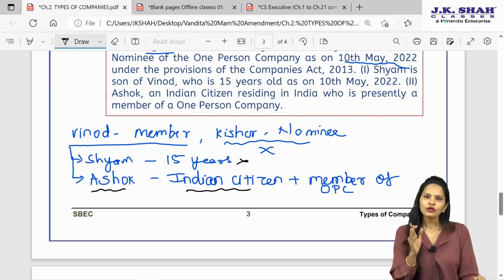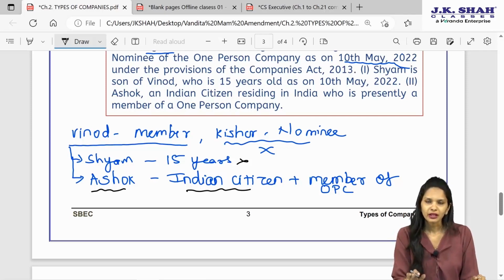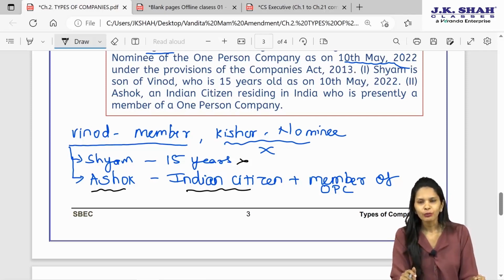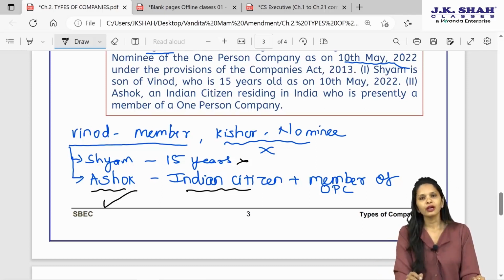So, as Ashok is a member of one OPC, he can become the nominee of another OPC. I hope all of you understood this. So, over here, Ashok can become the nominee of this OPC. I hope everyone understood this. Such kinds of twisted, tricky questions are always asked. So, what we have to do is understand the question properly by writing the contents. This you can do in the rough work.